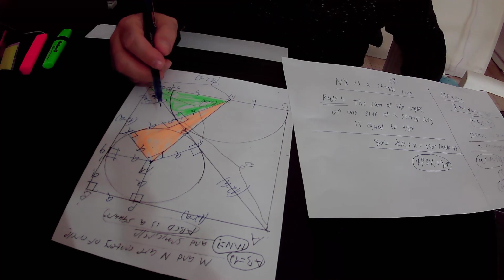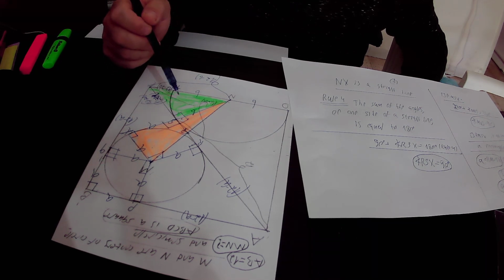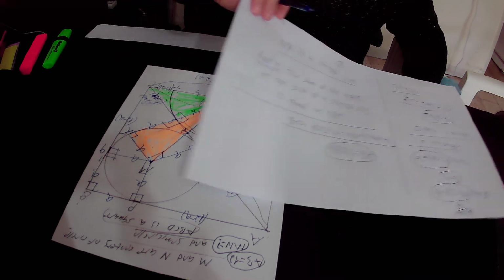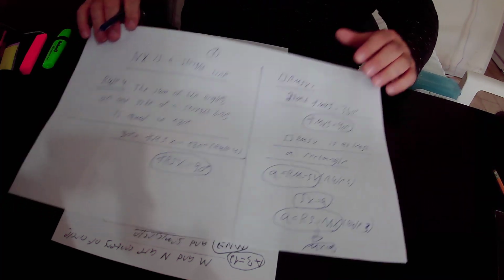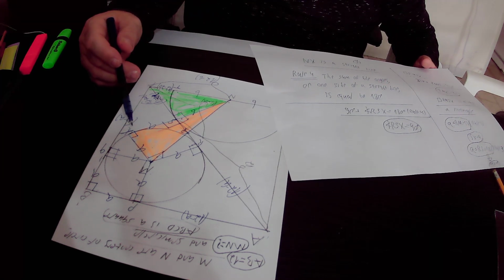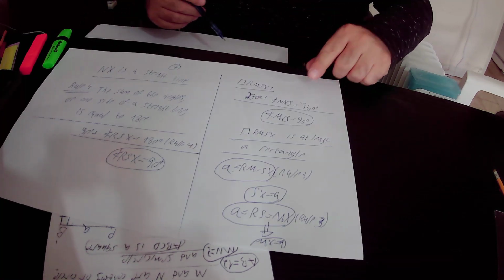So actually in quadrilateral RMSX we have 1, 2, 3 right angles. And the sum of 3 right angles is 270 degrees, plus the size of the fourth angle, that is actually angle MXS. In total, they must be equal to 360 degrees.